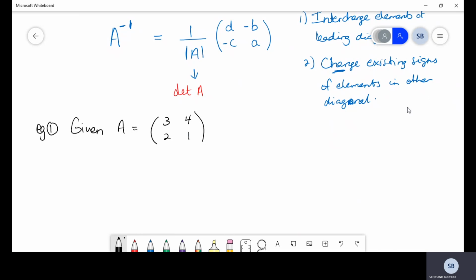And the question is asking us to find A inverse. Now you have to learn to read this as A inverse and not A to the power of -1. Now we know that there's a formula that says A inverse is given by 1 over its determinant by a certain interchange and change of sign of those elements within.